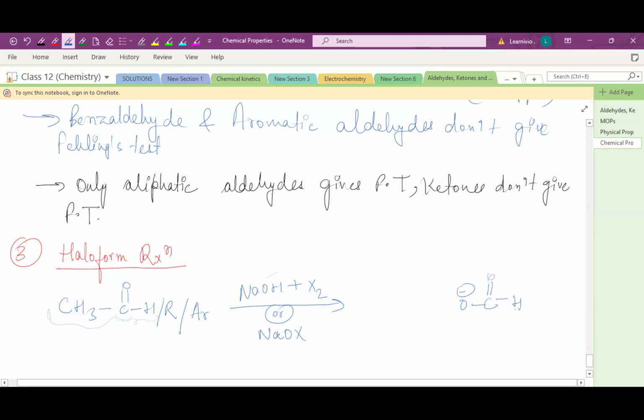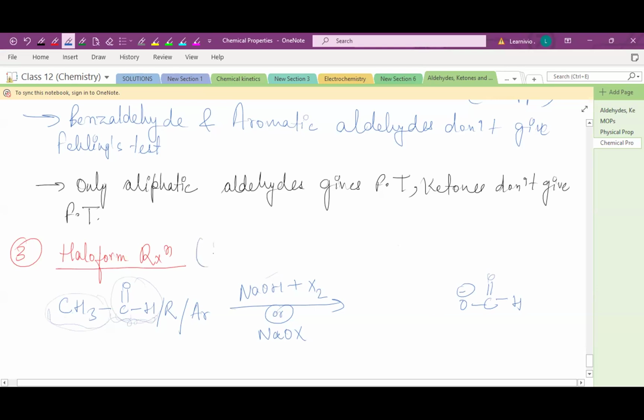And what will this CH3 group form? Iodoform, or haloform you can say.